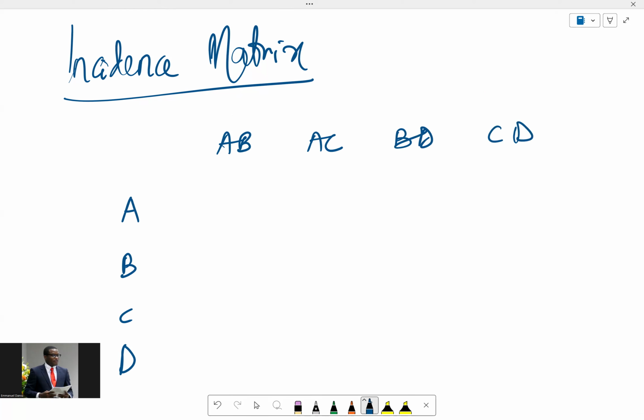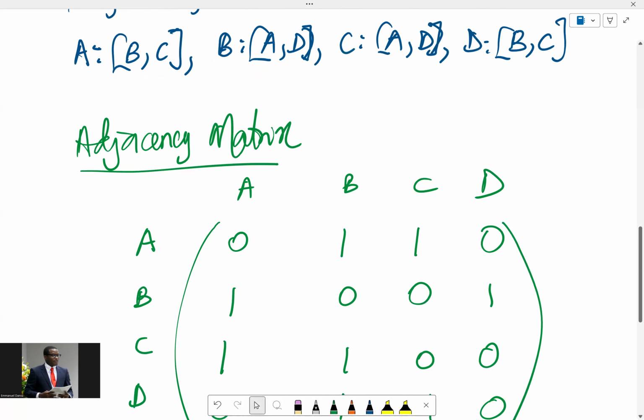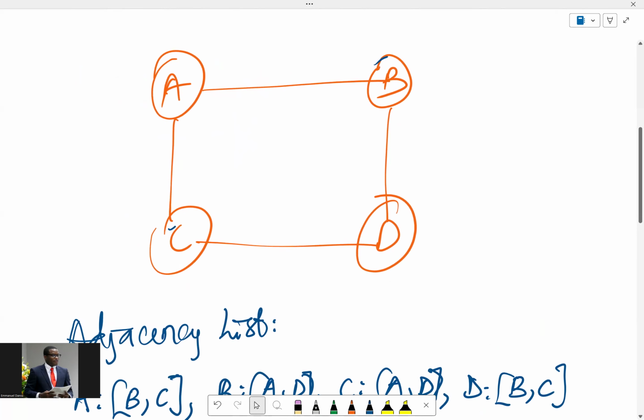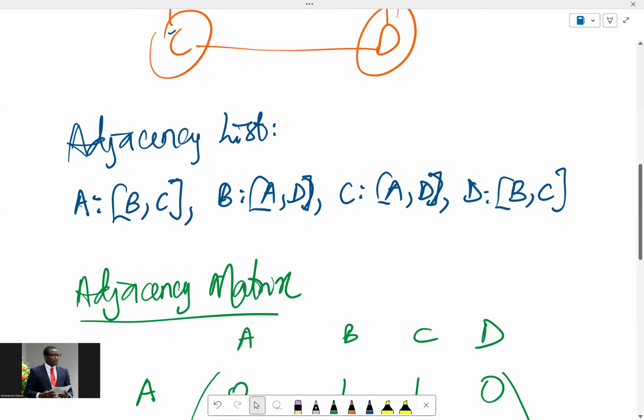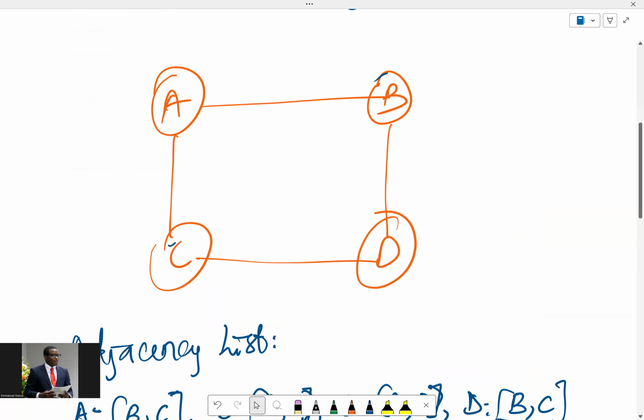Those are the four edges we have. That was called E1, E2, E3, E4 in the previous video. There's an edge AB, there's edge AC, there's no edge BC, there's edge BD, and then there's edge CD.